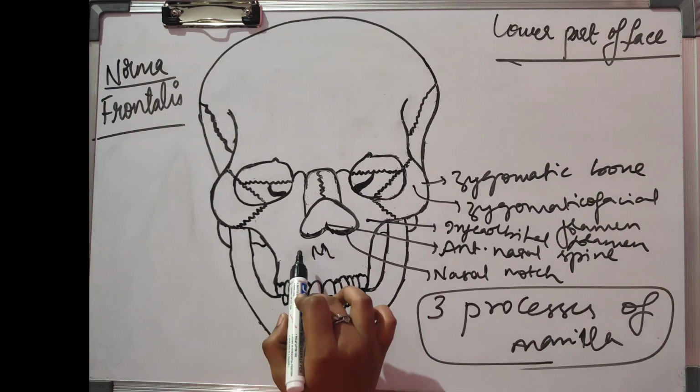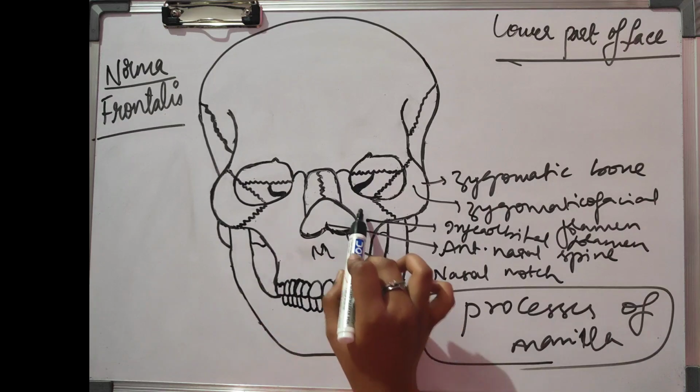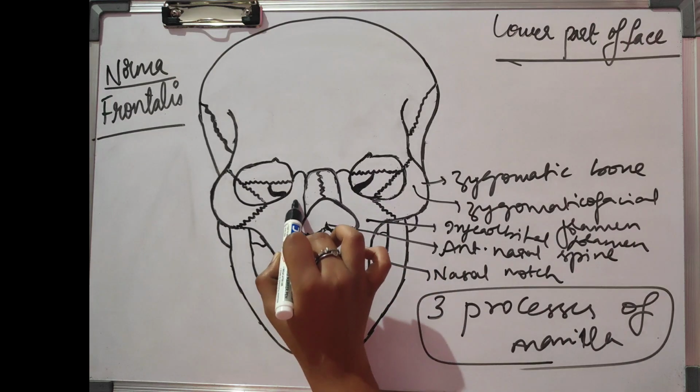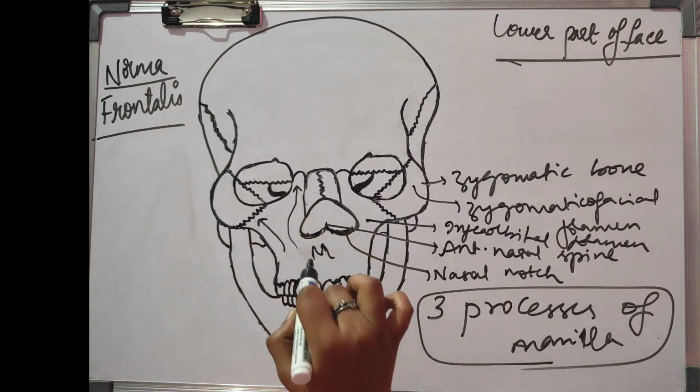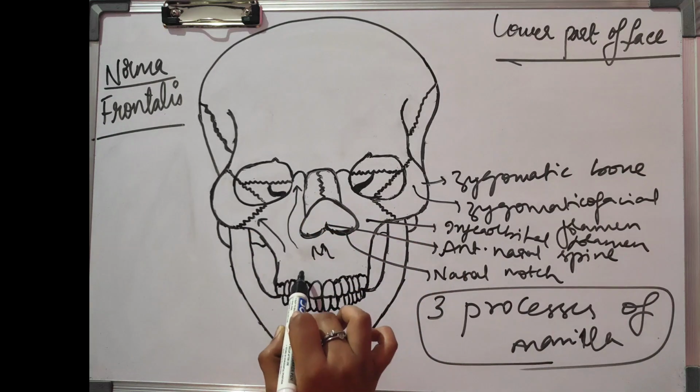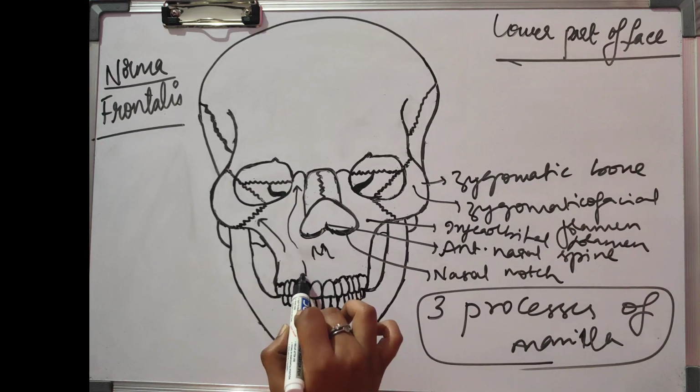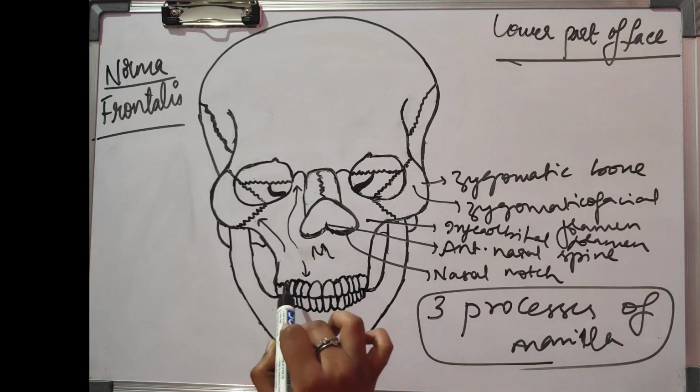What are they? See, this is the maxillary bone, right? So the maxillary bone projecting into the frontal bone, zygomatic bone, and some part of the maxillary bone also bears the sockets for the alveolar process.